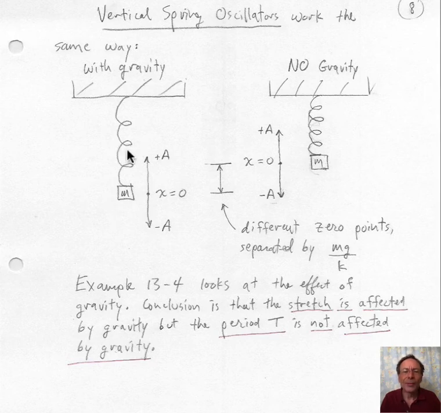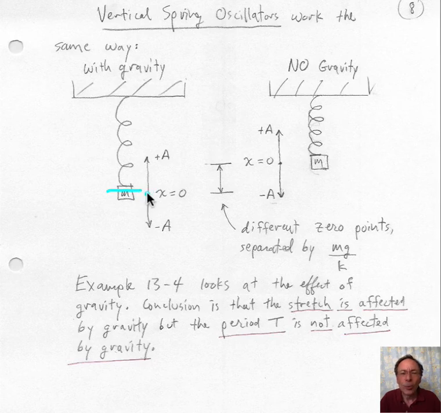The only difference really is where you're at when the oscillator is just not moving. If you have a mass that's just hanging from a spring and it's not bouncing up and down, gravity is going to cause the mass to pull on the spring and stretch it somewhat.